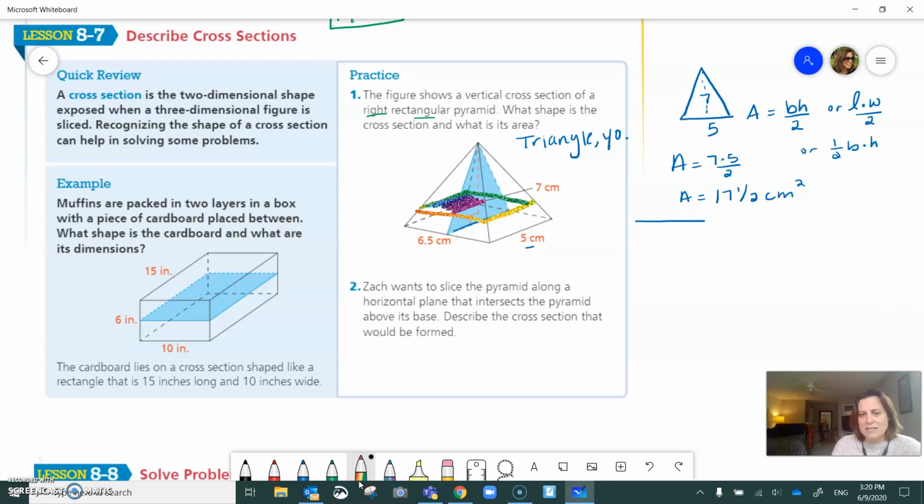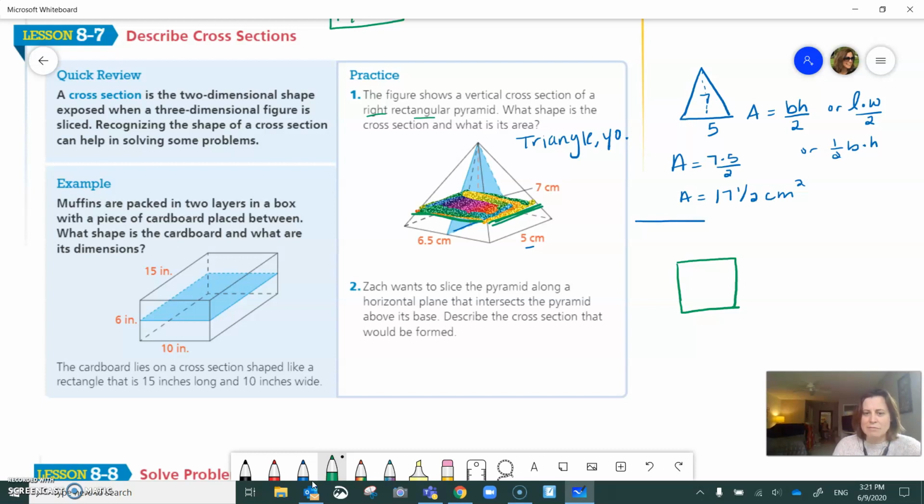So it's actually the same shape as the base, it's just smaller. So it's a rectangle. So I'm going to draw that rectangle over here. What I know about that rectangle is nothing. I'm not sure what the length of the side is, because I don't know how high up it was.